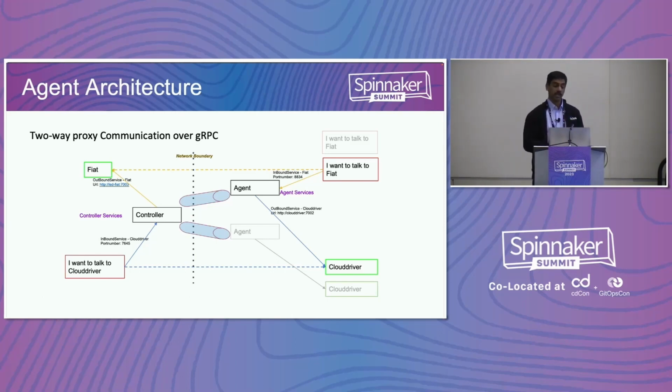And one other advantage here is that the cloud driver running on the remote side, one instance could be running in AWS, one instance could be running in GCP. And so you can have this IAM integration for those cloud driver instances there. So that way you can deploy to multiple clouds with their integrated identity connecting back to the Spinnaker.